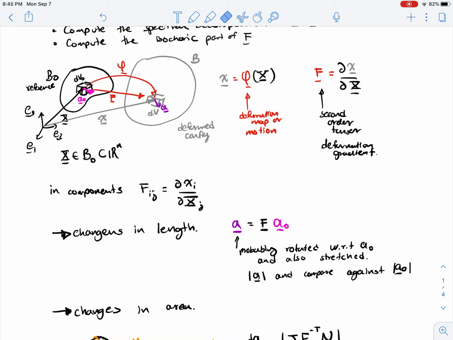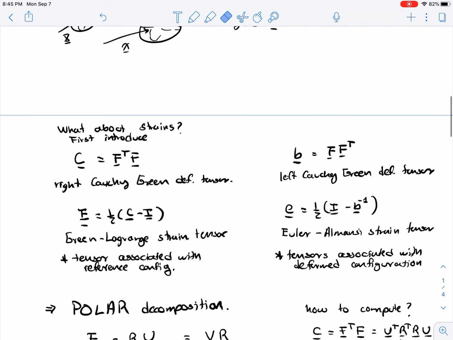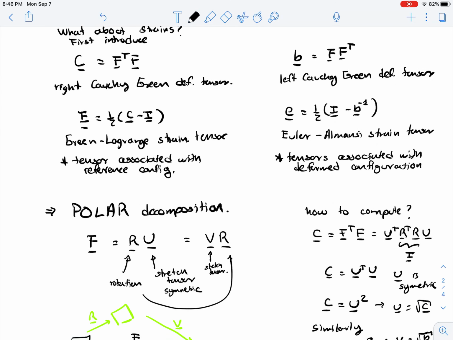If you apply F to A0, it gets mapped to A, but that involves both some stretching and also some rotation of A0. And not all the deformation is involved in having strain energy or causing stress. Local rotations are not associated with actual deformation or stretch, and C and B get rid of that rotation.